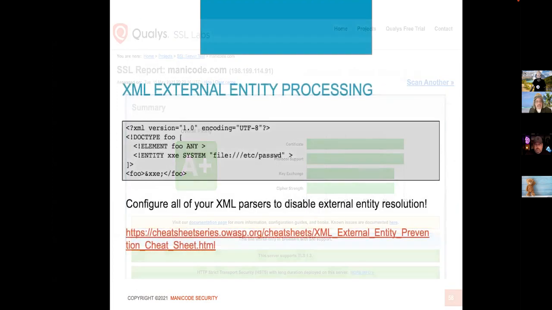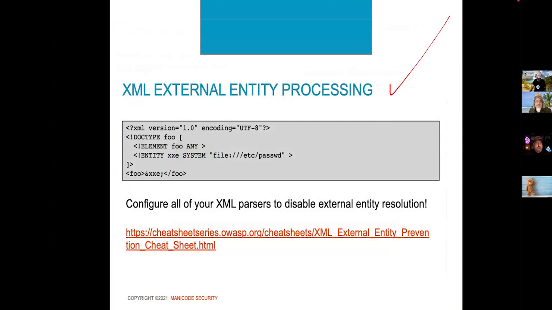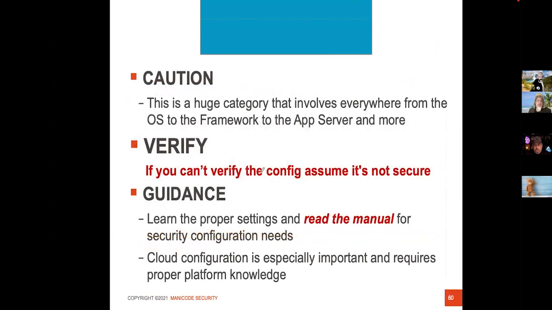And so for my XML parser, I want to configure that to stop XXE or XEE, 2 different things. There's a nice cheat sheet that goes over those classes of attacks and how to configure your XML parser as a developer to avoid them. So verify. If you can't verify the config, it's not secure. You got to read the manual.